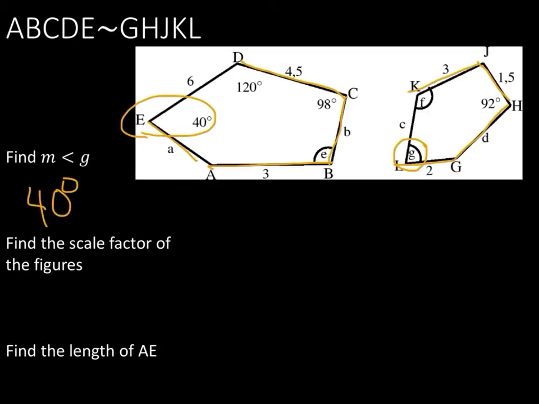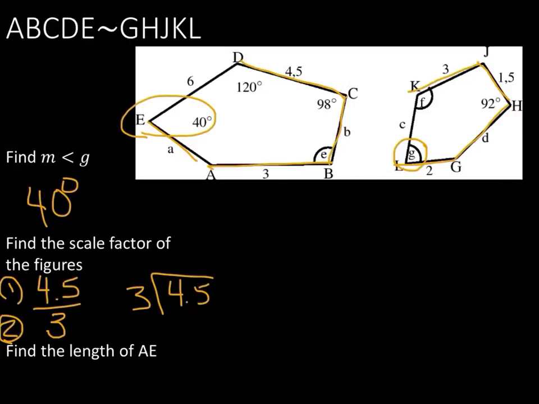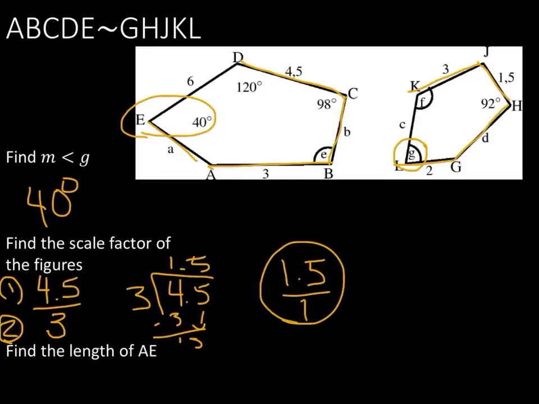So my scale factor would be 4.5 over 3, shape number 1 to shape number 2. Now, I usually like to reduce that. I like to make everything out of 1. So I'm going to take 4.5 divided by 3, kind of like a unit rate, and we're going to get 1.5 over 1. So that's my scale factor.